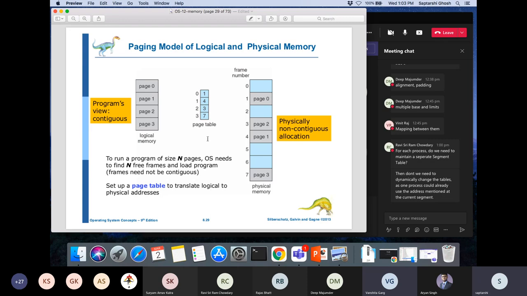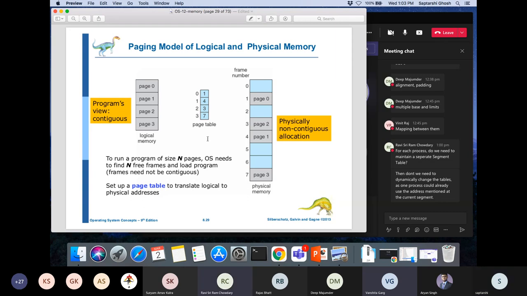The process that is now running on the CPU has its page table or its segment table, right? So why are you confused about some other process? When that other process runs on the CPU, the segment table of that process will be used. I'm not getting the confusion.